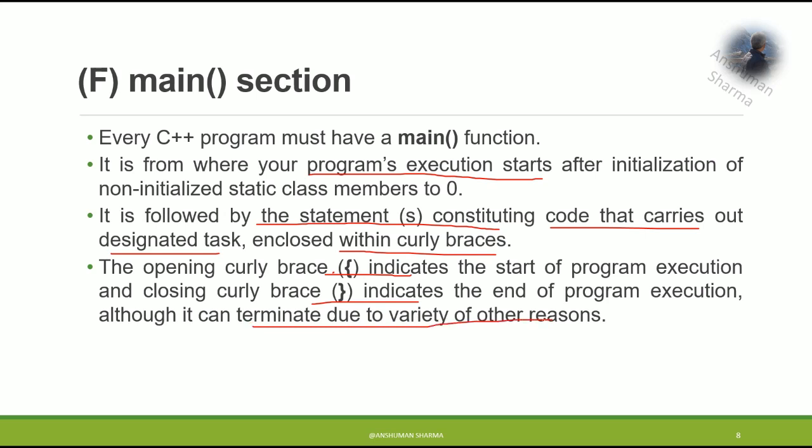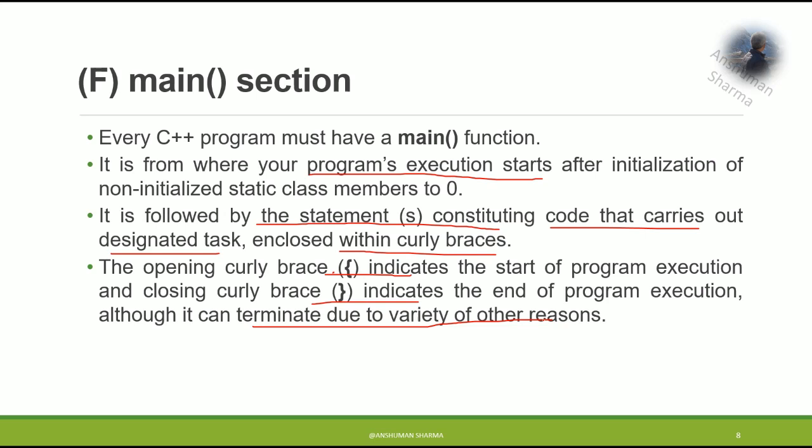In C++ you have to remember that the main section cannot be declared inline or static. There are various versions: you can simply write int main, as you have seen in the hello program, and you can also write void.